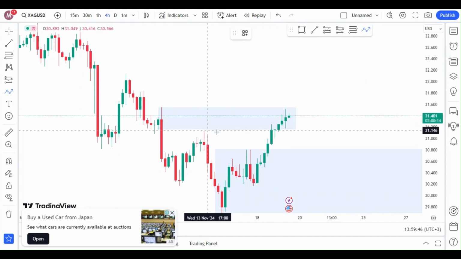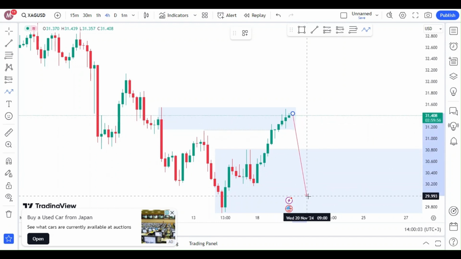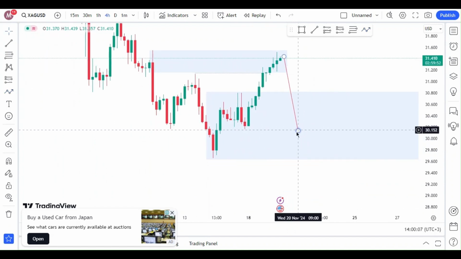So this could act as liquidity. This could act as inducement that has been taken out. Early sellers have been taken out at the moment. So price is still trading within this 4 hour supply zone, and we can capture a sell move from this zone to this zone. We have a trade idea from here.